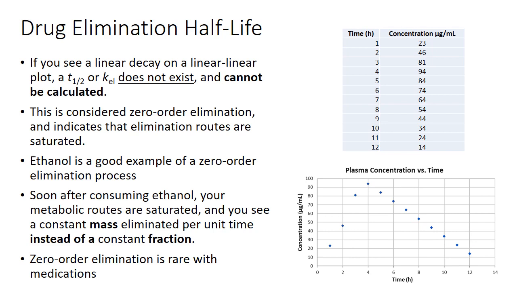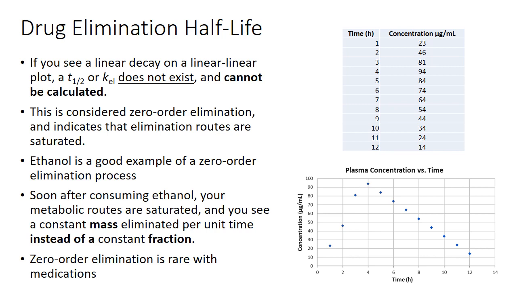That's because it's a zero order process. So please understand that. Ethanol is a great example of a zero order elimination process. I don't know exactly how much ethanol it takes to saturate enzymes, but it seems to be almost instantaneous. Just a beer or two, or maybe even less, and you're already at zero order elimination. As soon as you start drinking, you're going to hit that zero order elimination.